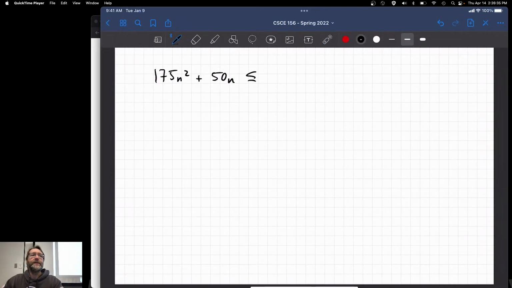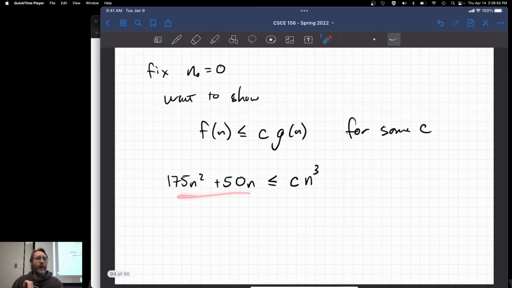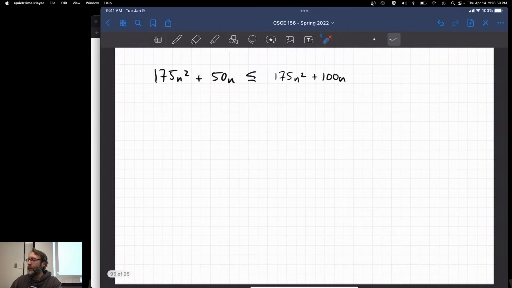So I need to simply make this bigger. What's one way that I can make this bigger? Well, I could make 175n squared bigger, but that doesn't help me in collapsing these two things down to one term, because on the left-hand side I've got 2 terms and on the right-hand side I've got 1 term. I want to collapse this down to 1 term.